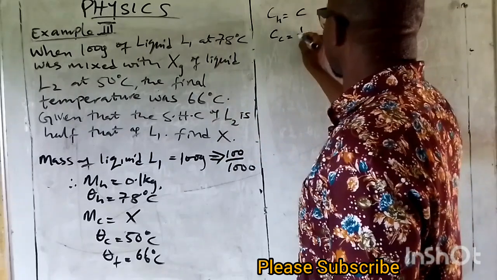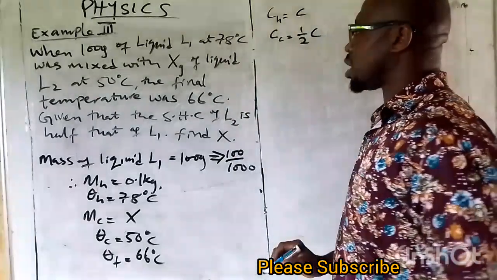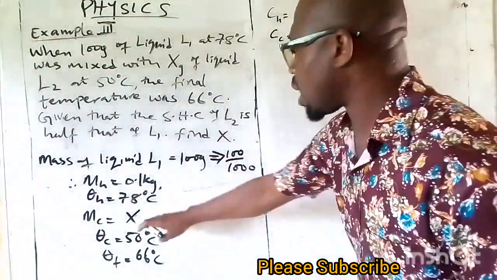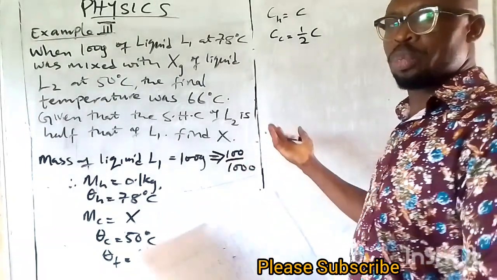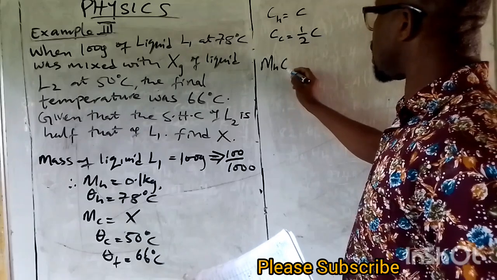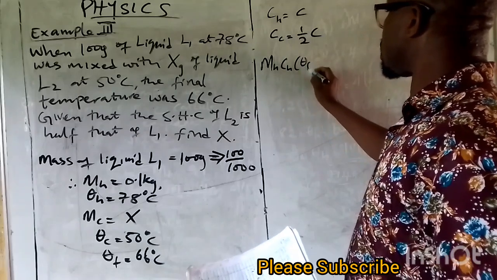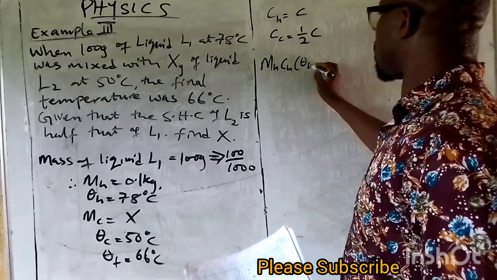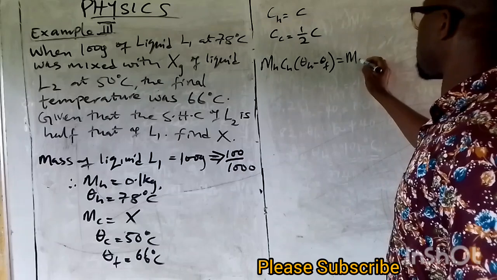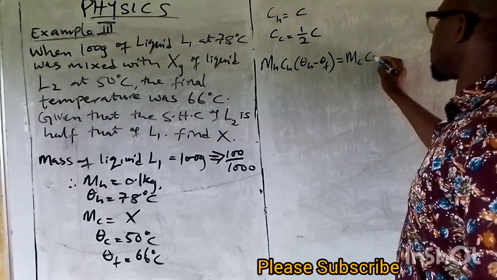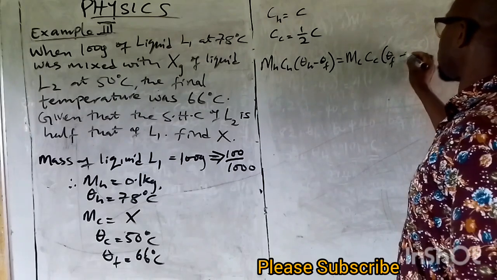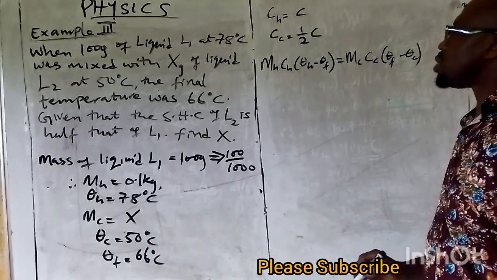We now give it as half C. We are now going to find X. As usual, we bring in our formula, which is mH CH (theta H minus theta final) is equal to mass of cold water, specific heat capacity of cold water, and then final temperature minus temperature of cold water.